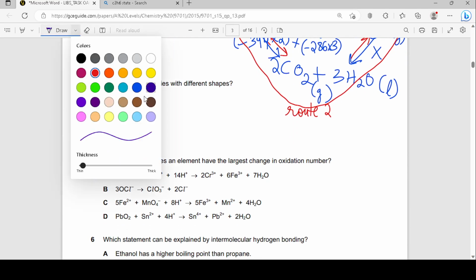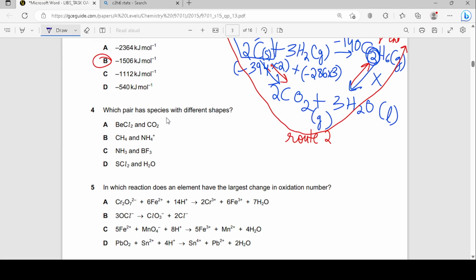I'll use this color. Which pair has species with different shapes? Okay, so let's look at the first option, BeCl2 and CO2. If we look at BeCl2, beryllium only has 2 electrons in its outer shell, and then Cl. So there are 2 sigma bonds and no lone pairs.